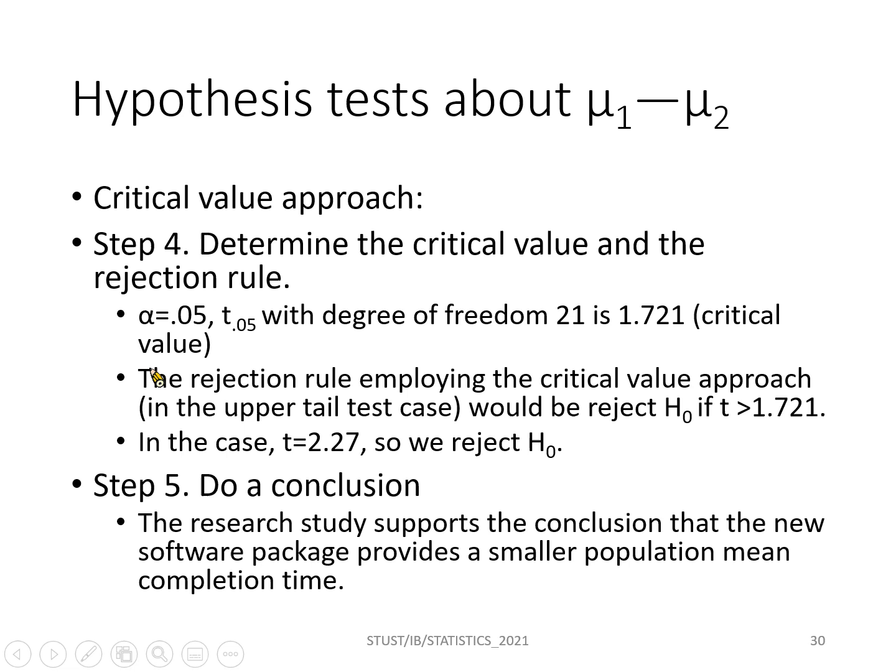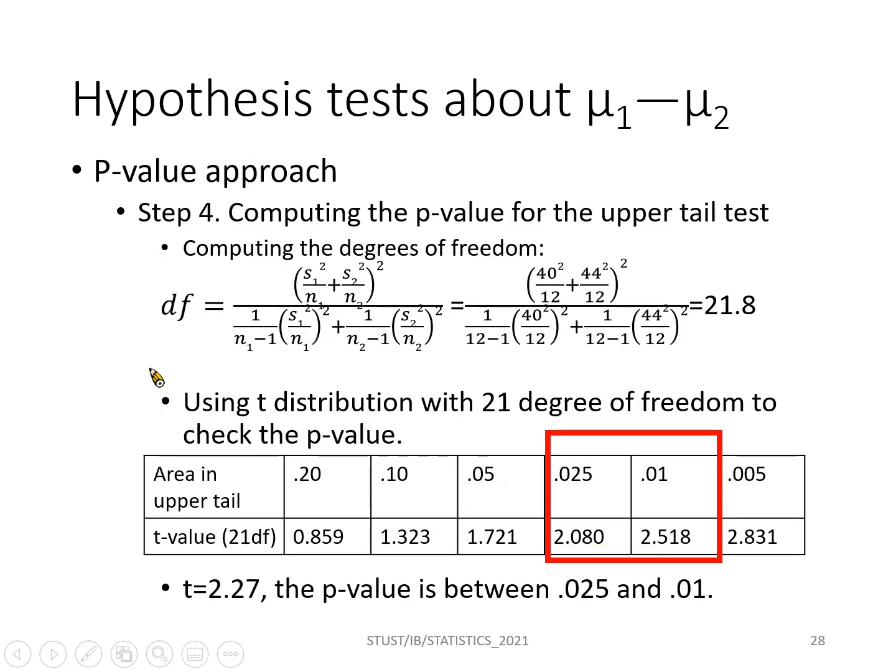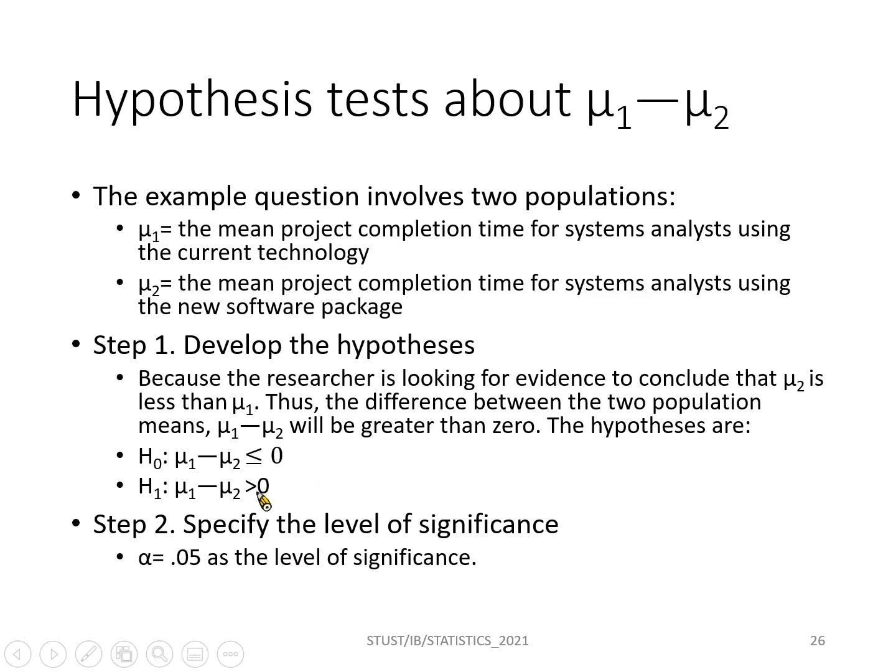Today alpha is 0.05. With 21 degrees of freedom and alpha of 0.05, you get the t-value 1.721. So the rejection rule using the critical value is that, to reject the null hypothesis, the t-value should be larger than 1.721, because it's a one-tail test case and your hypothesis says it is larger.